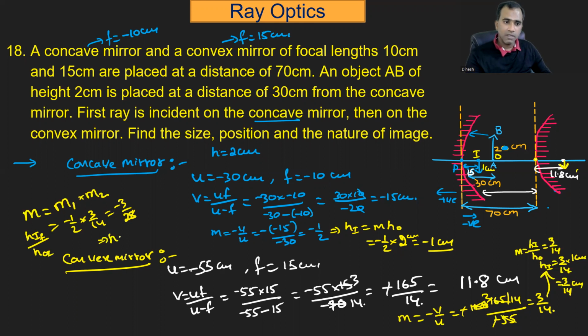So this implies height of the image, final, is equal to minus 3 by 28 times height of the original object. What is height of the original object? It is 2 centimeters, which is equal to minus 3 divided by 14 centimeters. See, that is what we got here. So overall magnification factor is minus 3 by 28. Final image size is minus 3 by 14. When there are multiple mirrors, take the magnification factor of each mirror, just multiply the magnification factors, you'll get the effective magnification.